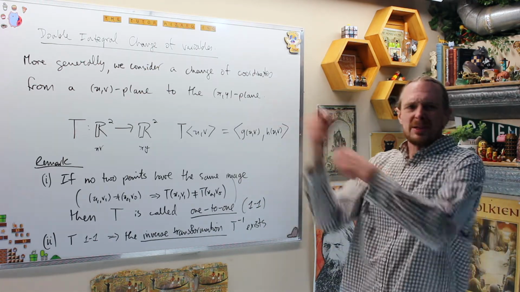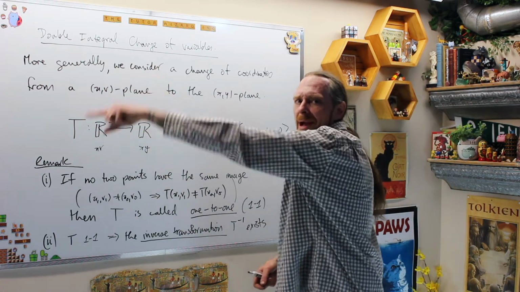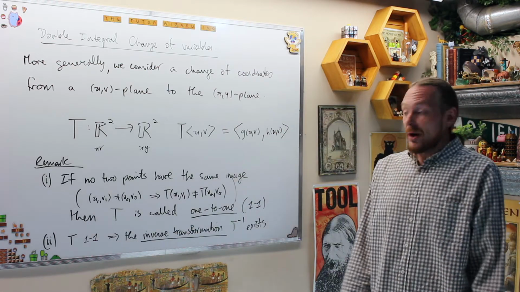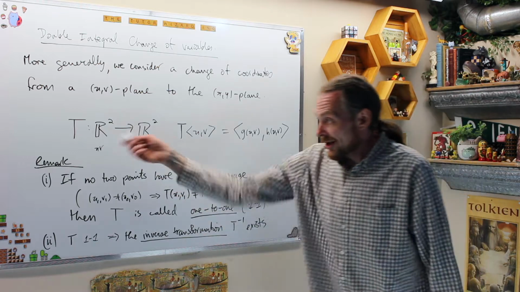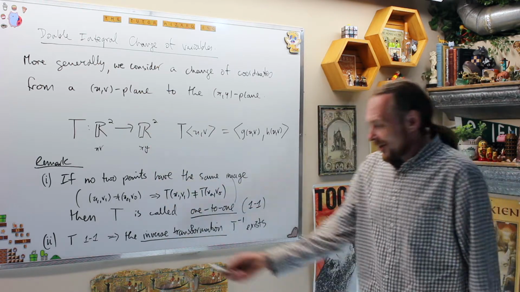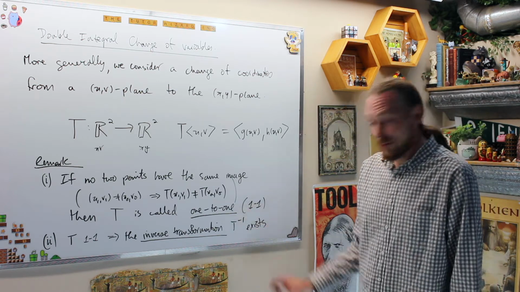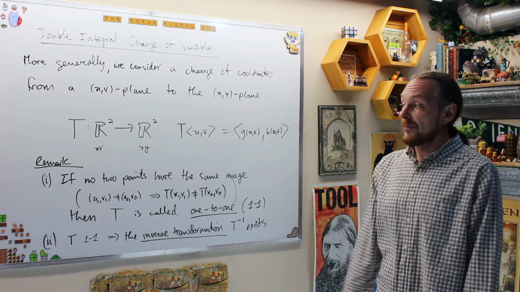And we want this process to be reversible. If we can transform from here to here, we want to be able to go backwards. So if you have a one-to-one linear transformation on a finite dimensional vector space, which these are, I don't have to talk about onto, and if it's one-to-one, it has an inverse transformation T^-1, which goes from the xy plane to the uv plane in reverse.